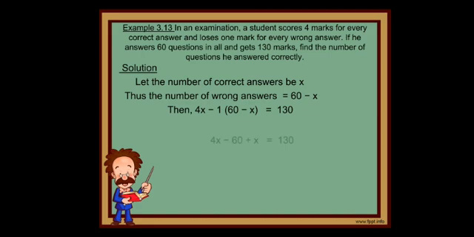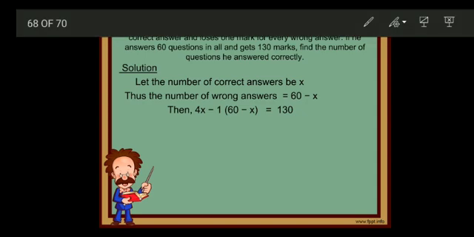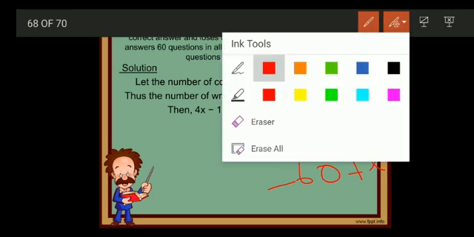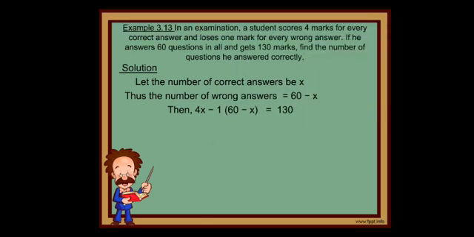When you multiply minus 1 to 60 minus x, minus 1 into 60 will be minus 60. Minus 1 into minus x is plus x. So 4x minus 60 plus x is equal to 130.